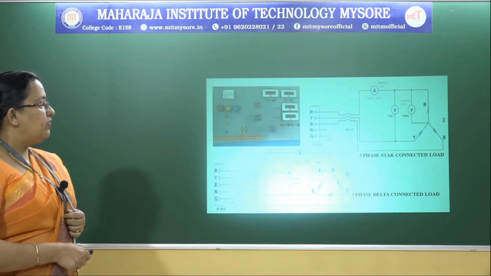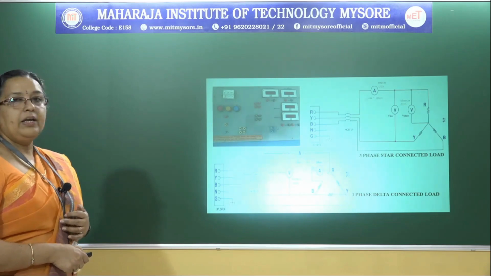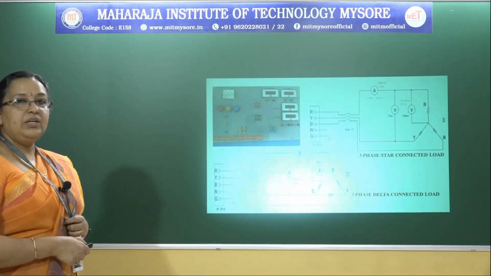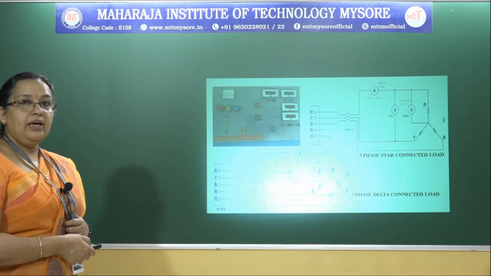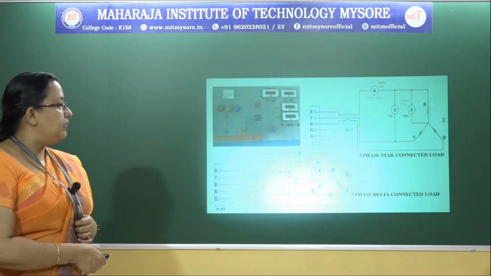That is why we have two ammeters in the delta connected system, so that we can compare the current values. That's about the connection, which we will explain again in the demonstration of the experiment in the lab.